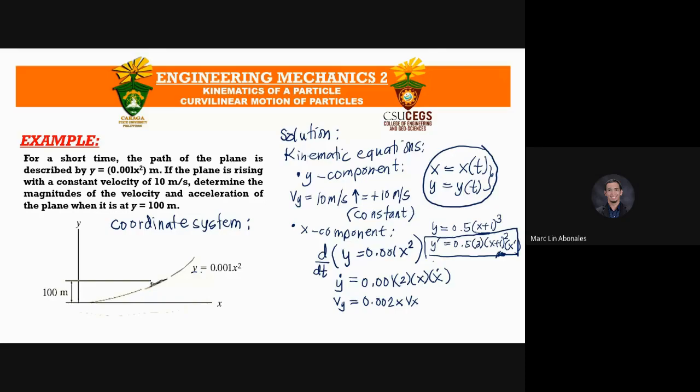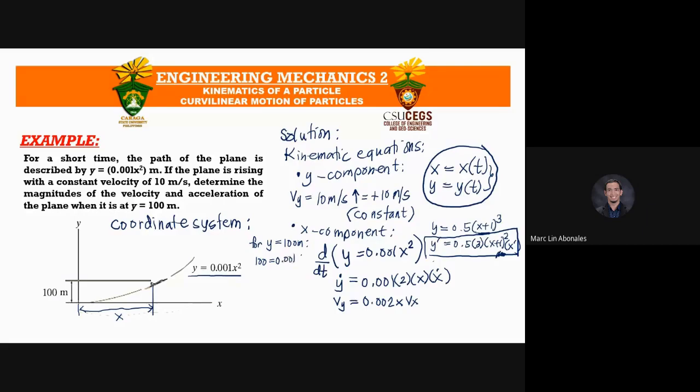This path equation. We know the equivalent y, which is 100 meters. So what is the equivalent x, which is this one? What is the equivalent x value when y is equal to 100 meters? For y equal to 100 meters, we just substitute into the equation of the path. So that would be 100 is equal to 0.001 x squared.